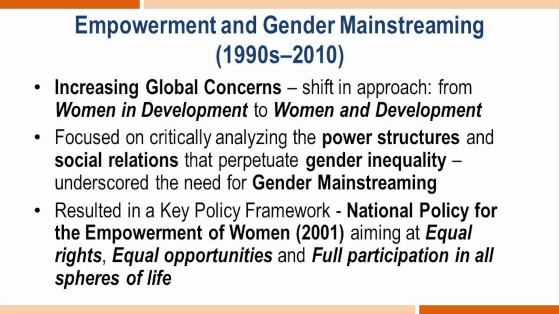It should not be considered as other, rather it should be on an equal footing. And it resulted in a key policy document called the National Policy for Empowerment of Women, which was published in 2001, aiming at equal rights, equal opportunities, and full participation in all spheres of life.